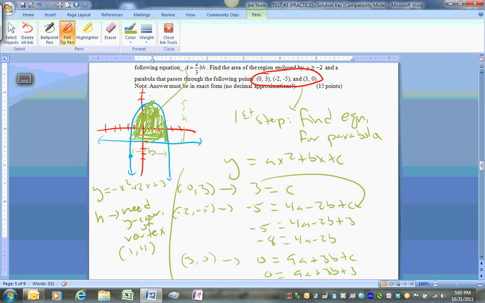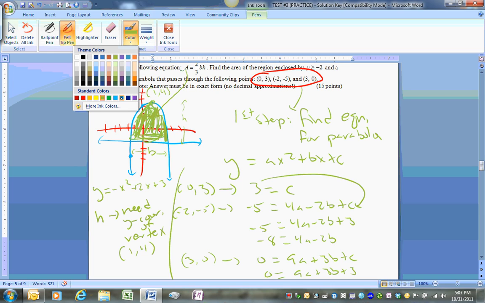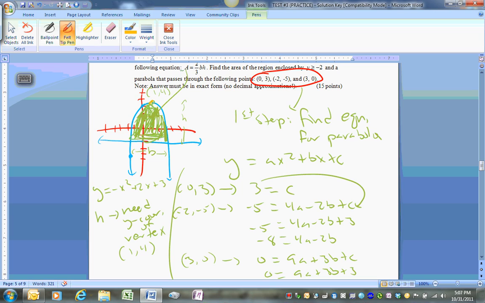So if that's at 1 comma 4, let's change colors up here. Let's go orange. And the height's going to equal 6, right? Because this is at -2, and the y-coordinate of the vertex is 4, so height's 6.